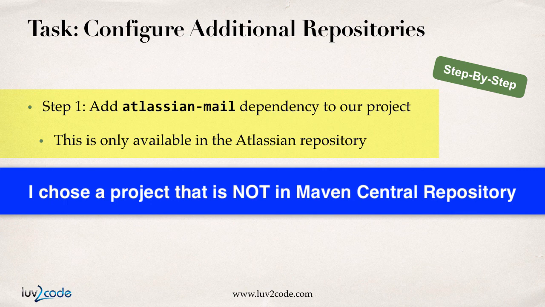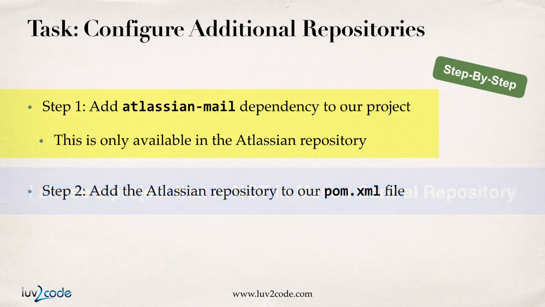So I just chose this Atlassian mail dependency. We could have chosen any other dependency as long as it's in a different repo other than Maven Central. That's step one. Then in step two, we have to add the Atlassian repository to our pom.xml file so that Maven knows where to go and find this dependency, because it's only available in the Atlassian repository.